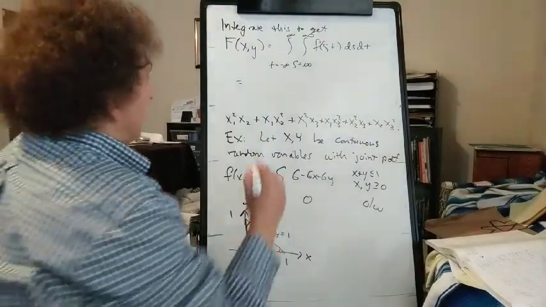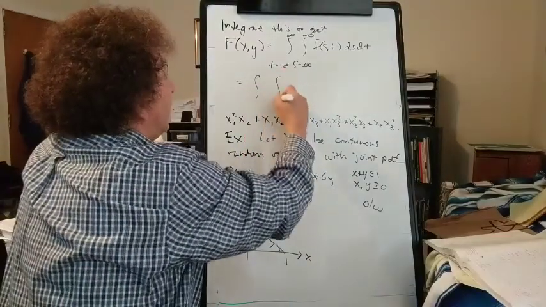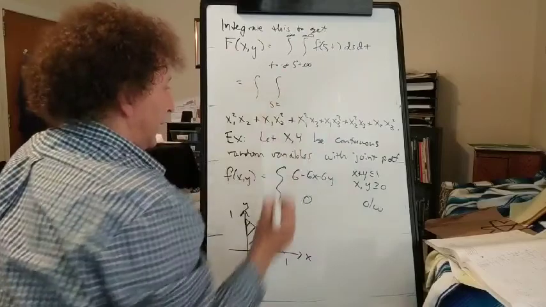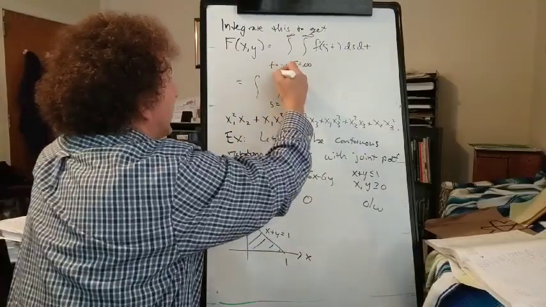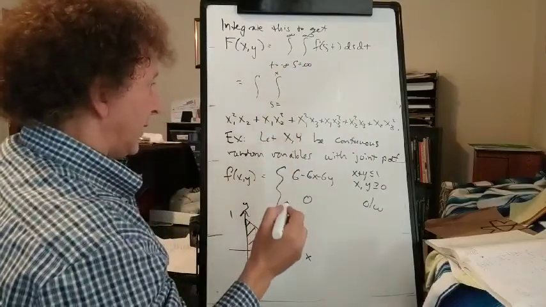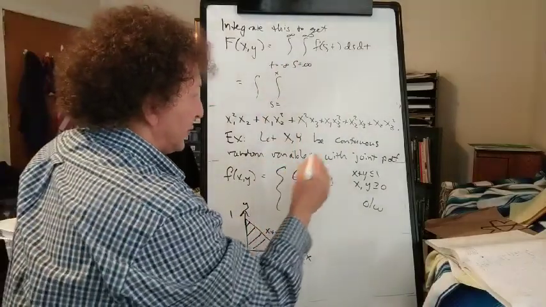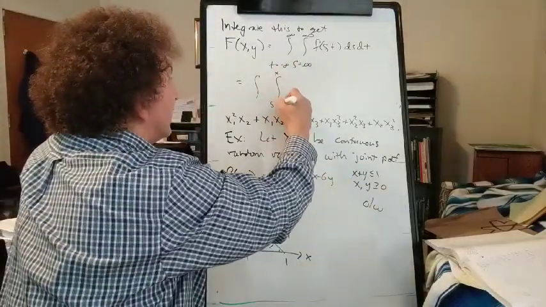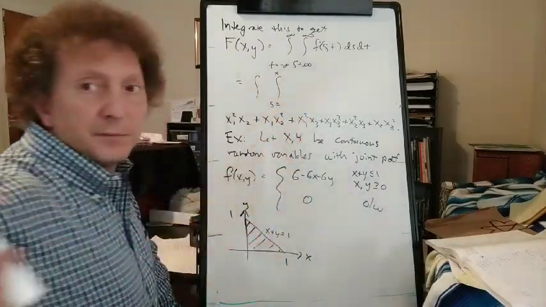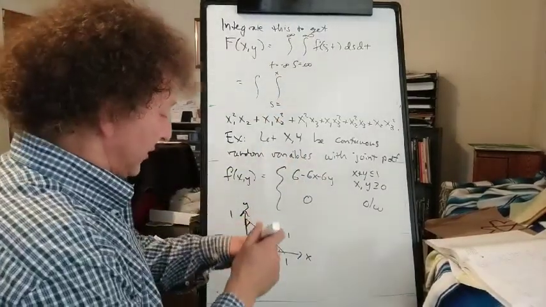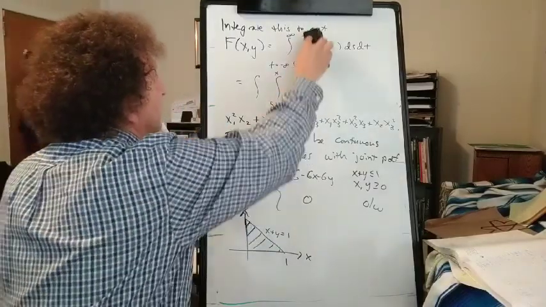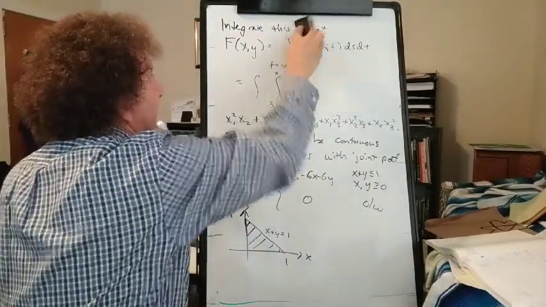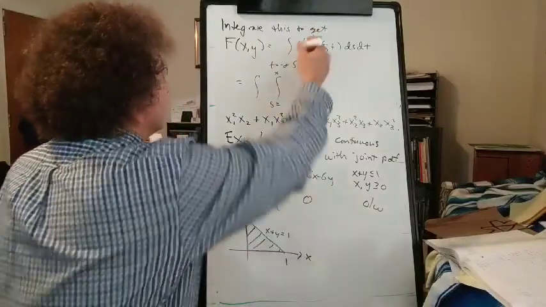I'm sorry, I've written this wrong. We really want to integrate s from negative infinity to x and t from negative infinity to y.